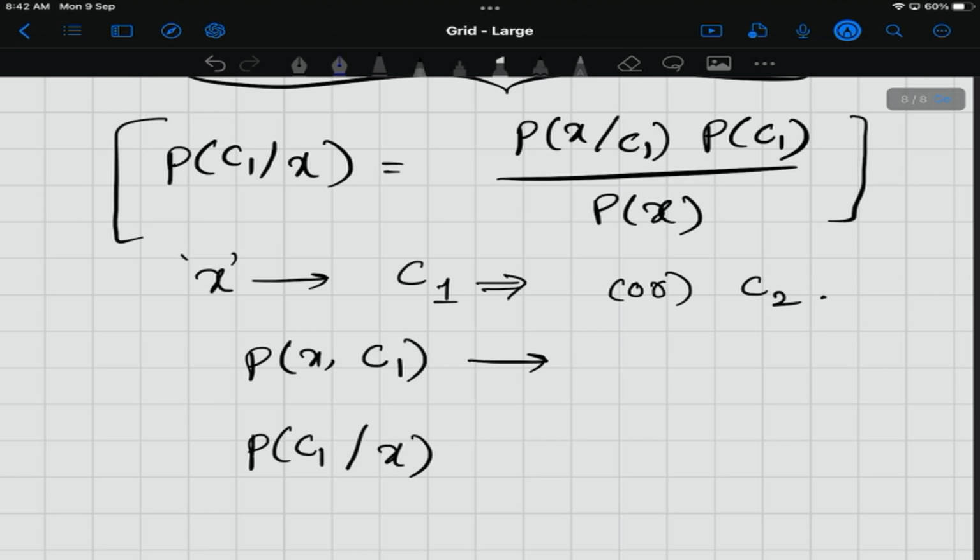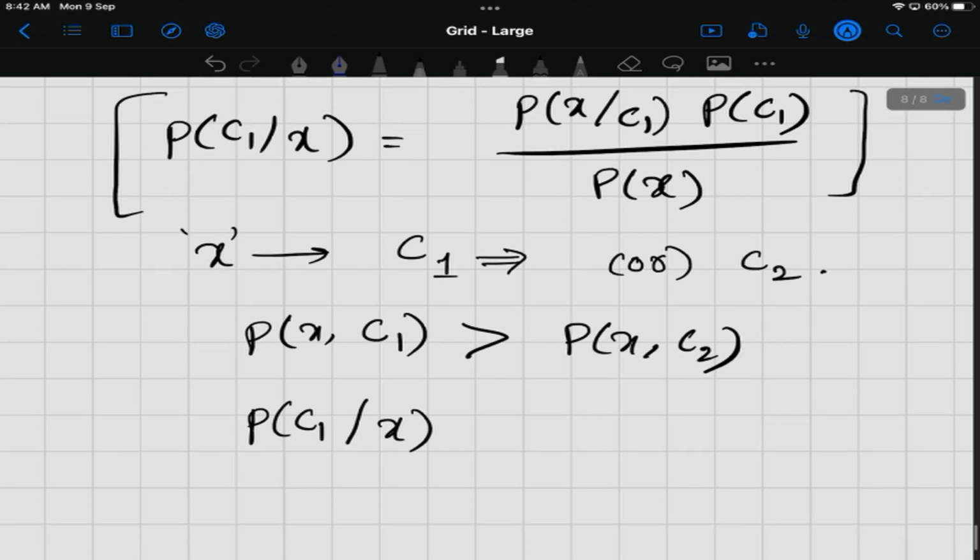If you want to solve your classification problem, you have to basically apply this rule, right? Based on these joint PDFs, whichever is maximum, you will assign to class 1 or class 2.